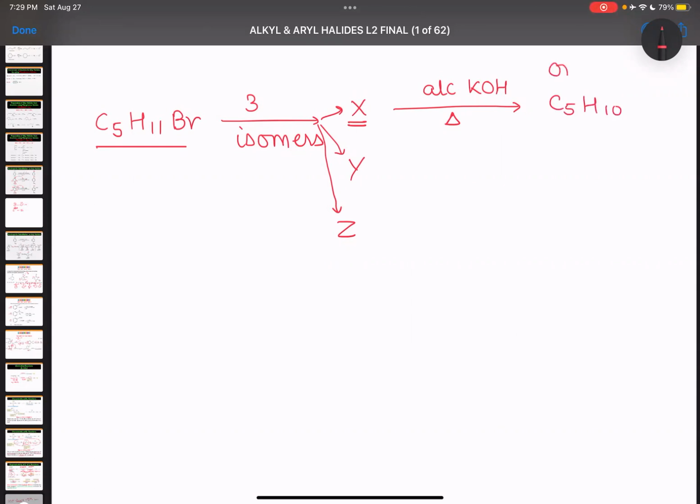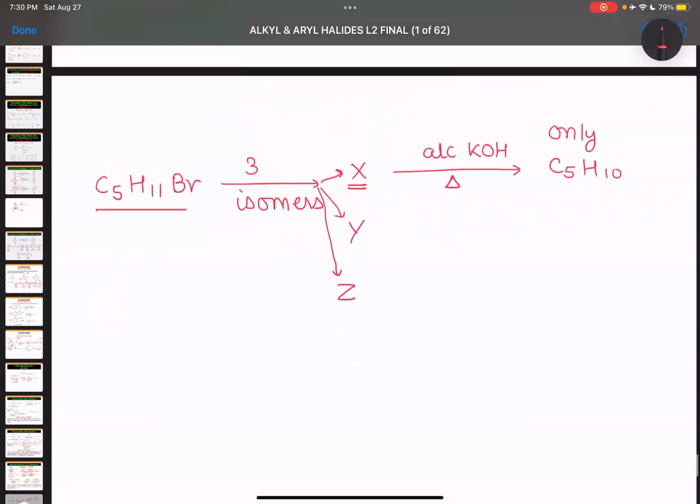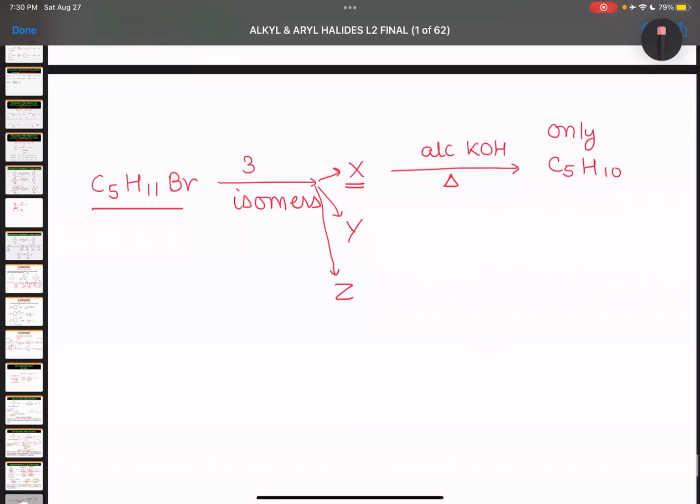Only one structural isomer is formed. So you need to tell me the structure of X.